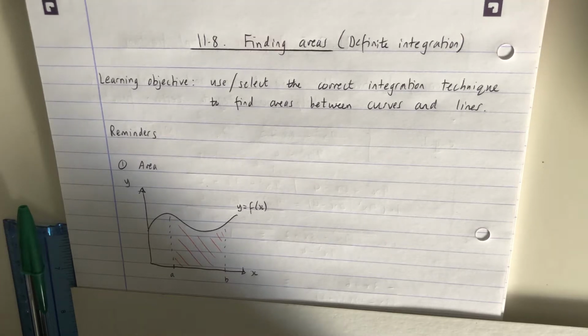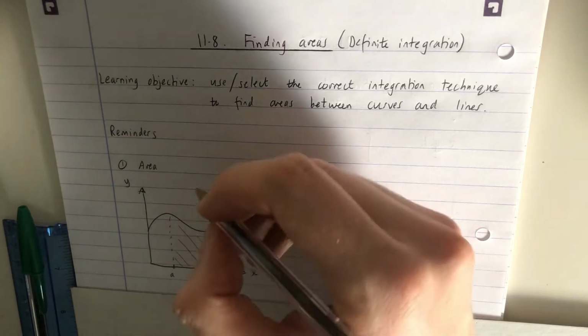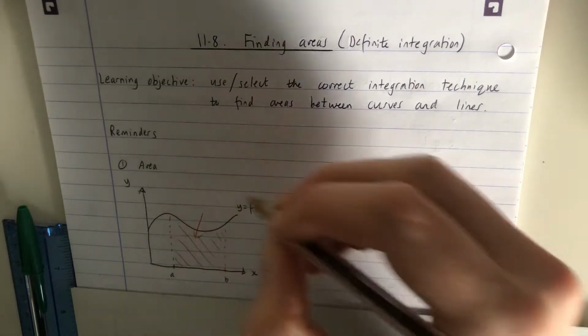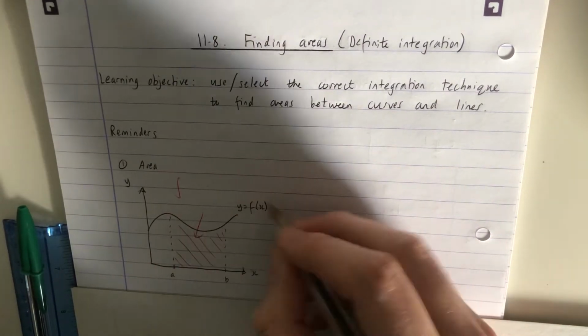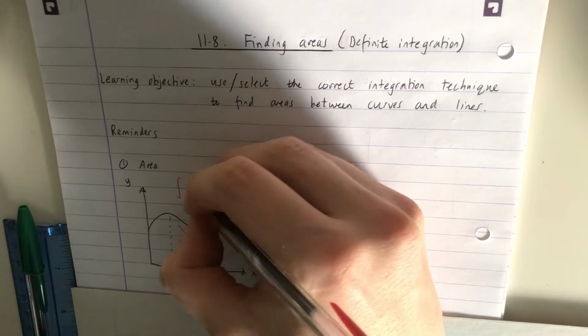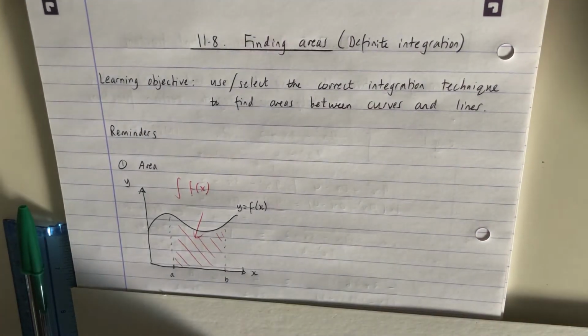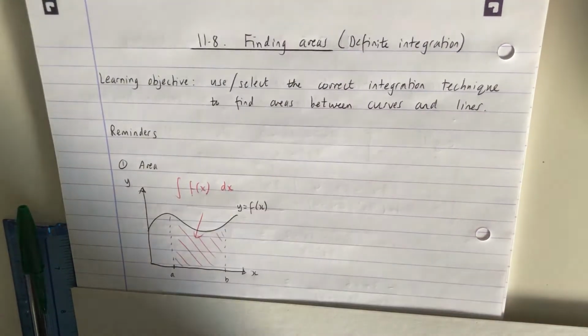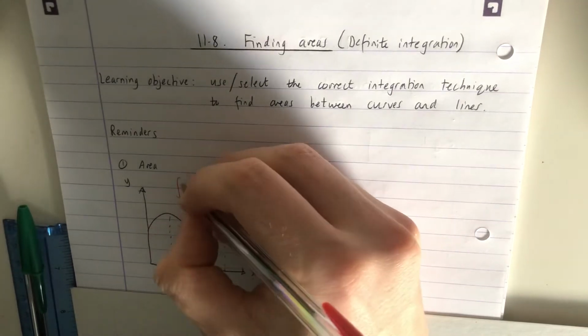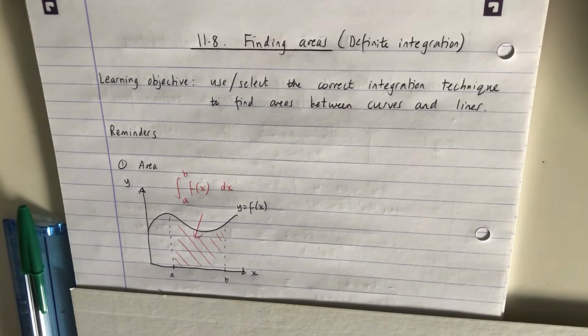The way to do that is using definite integration: that area is integrating whatever curve we've got with respect to x between a and b. And that would be the start.